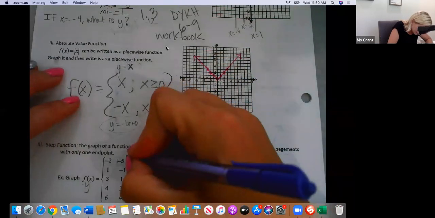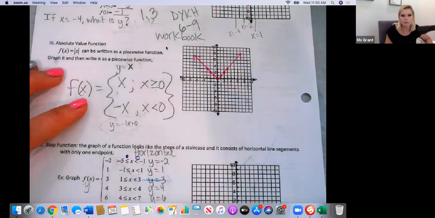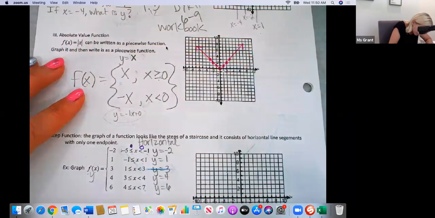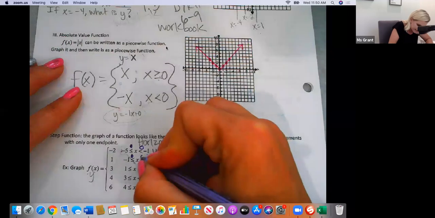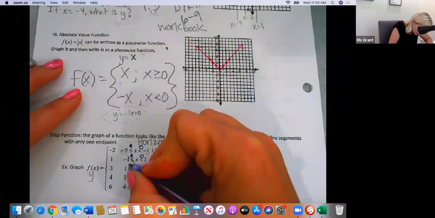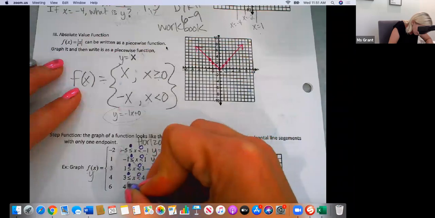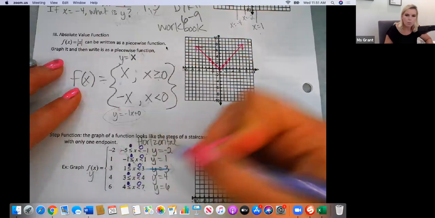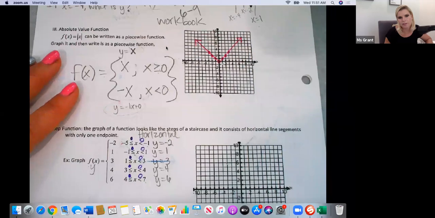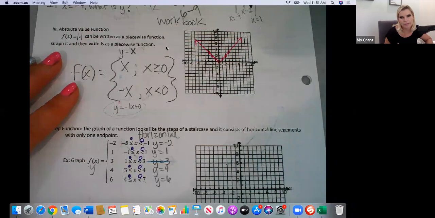Like this, closed circle, open circle. Go through so that you have an easy time. This is the pattern. One end is a closed circle, the other end is an open circle. That's the pattern with piecewise functions, when it's in between, and these are all between.